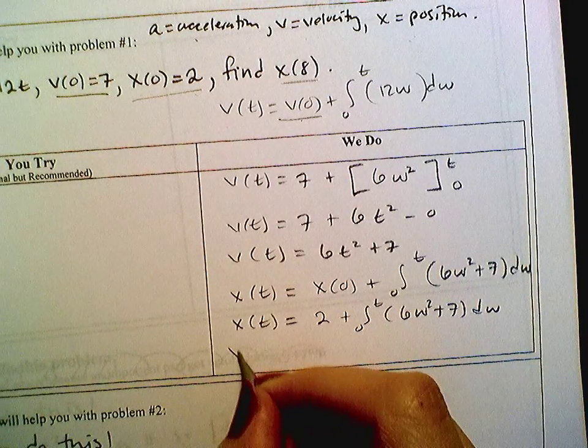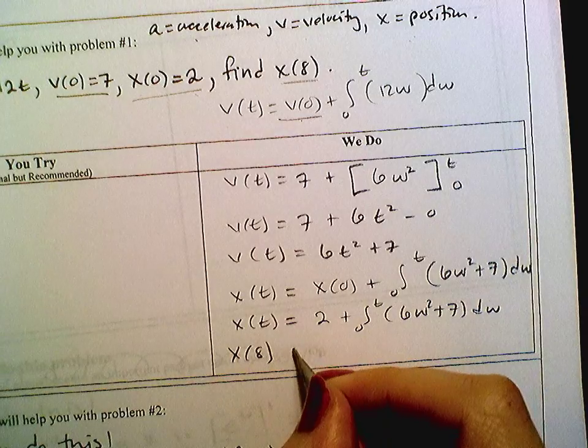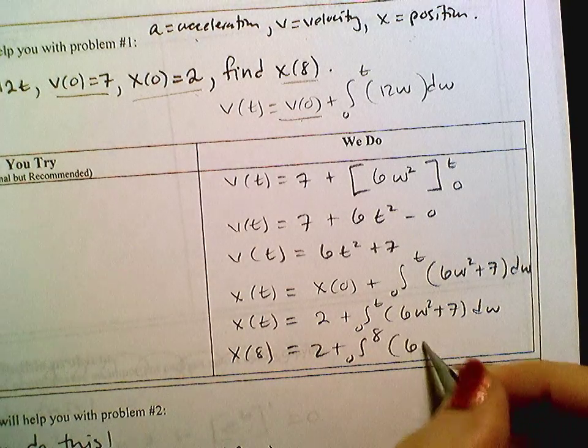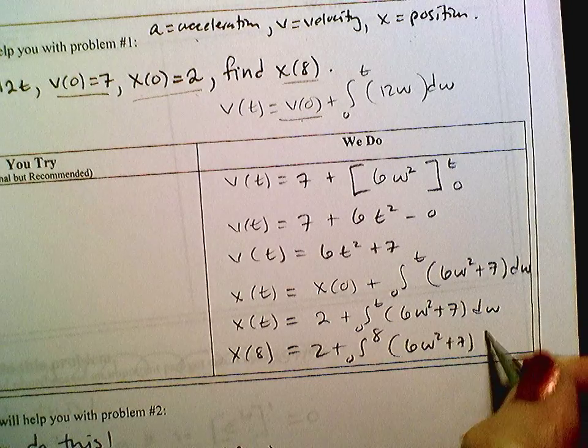And then x of 8 equals 2 plus the integral from 0 to 8, 6w squared plus 7 dw.